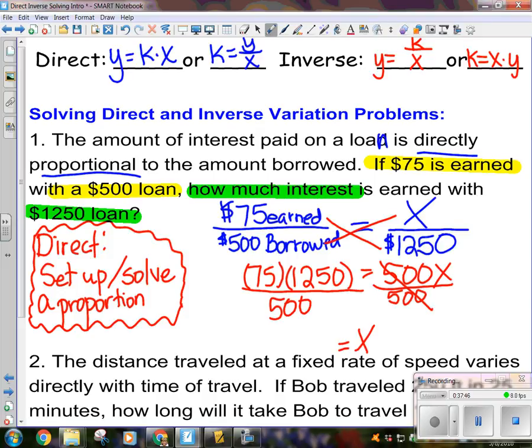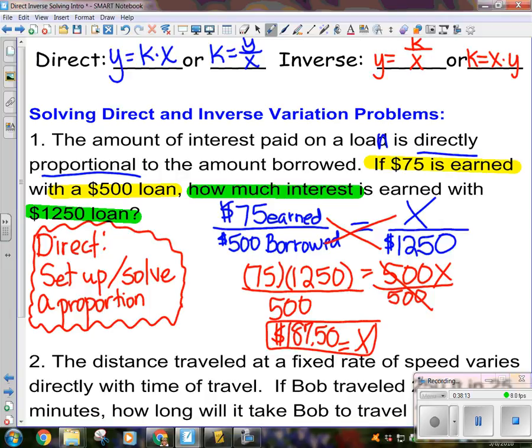Anybody got it yet? It's over $100. I will say that. Anybody got it yet? $187 and 0.5, which in money amount would translate to 50 cents.